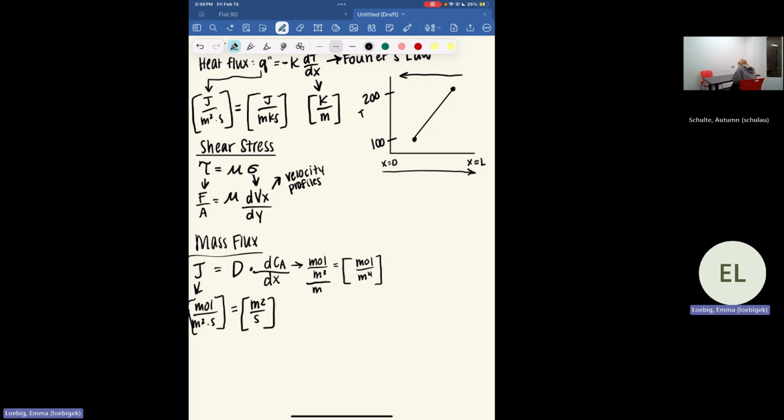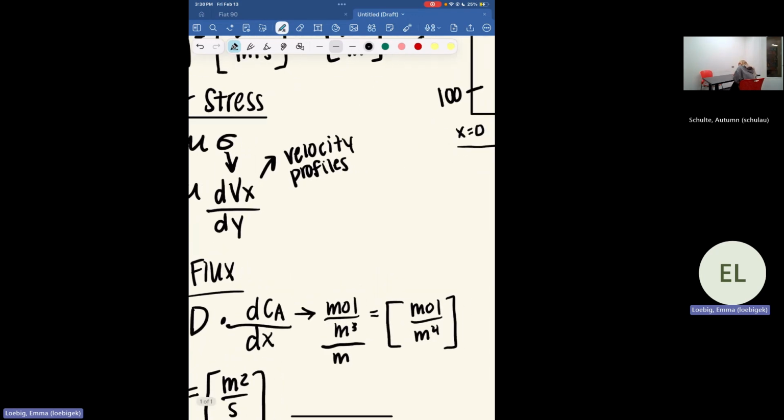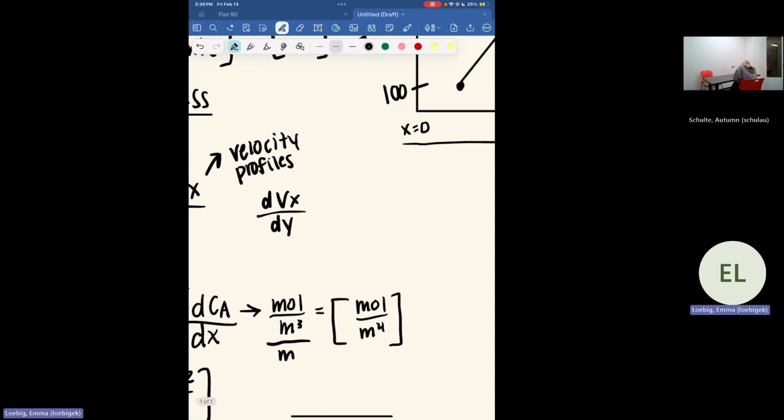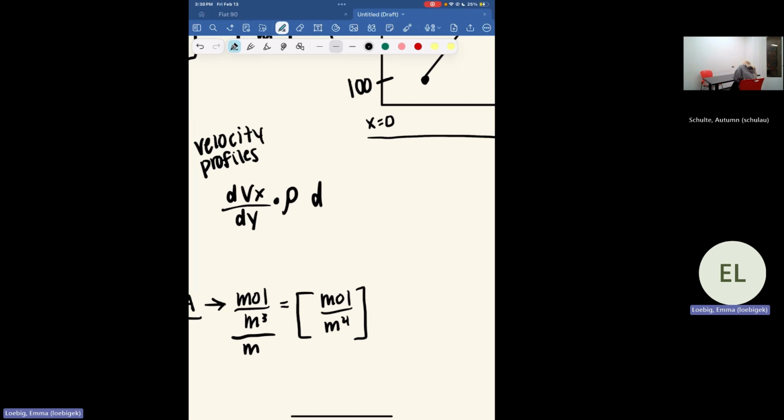Going back to our shear stress equation, if we want to take this change in velocity perpendicular to the direction of flow and multiply it by density, we will have d(rho vx)/dy.